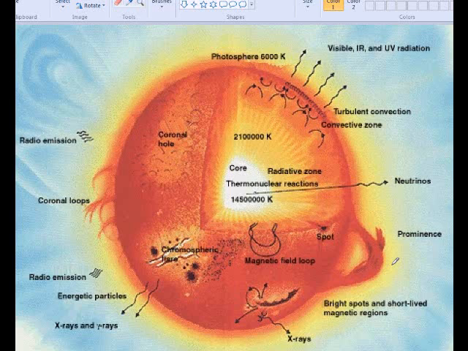So I would say at the same point in time, we probably would have had less radiation emitting from the sun.